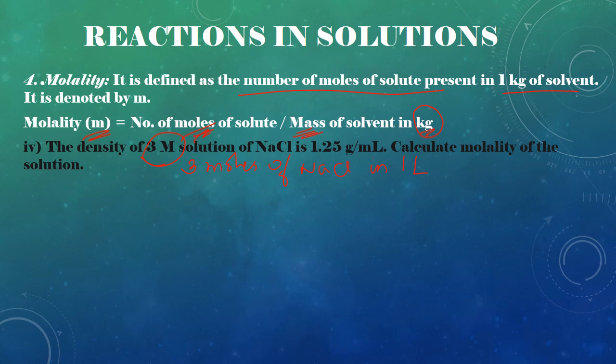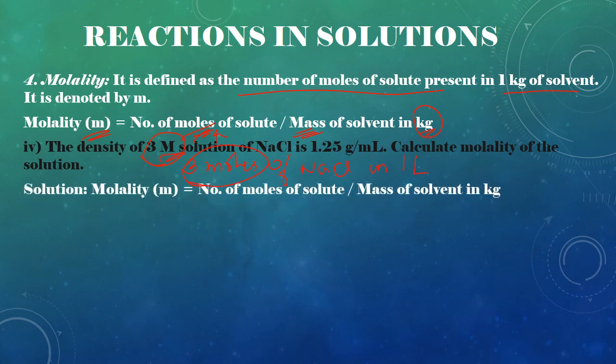This we studied just now. Whenever you say molar, that means so many moles in 1 liter. So we know the numerator. Numerator is 3 moles of solute, that is NaCl. But we don't know the mass of the solvent in kg.